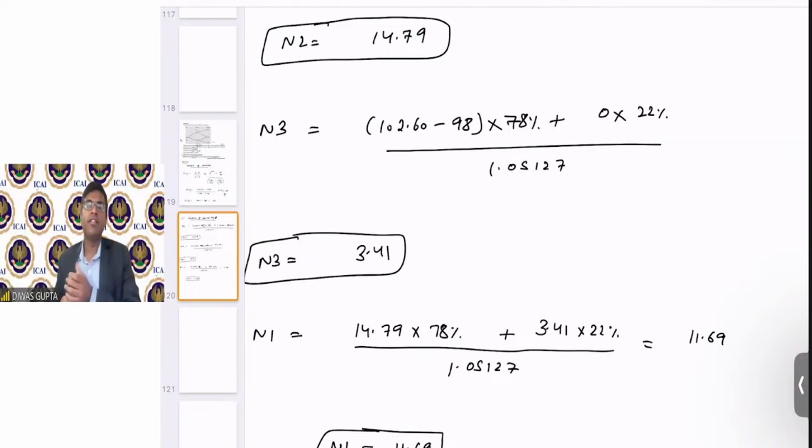Then students, we will move to the Black-Scholes model.